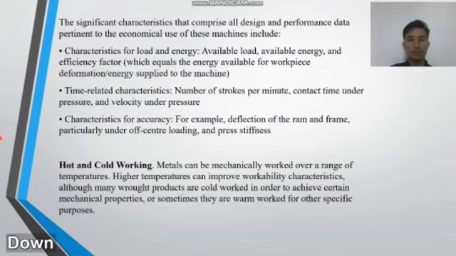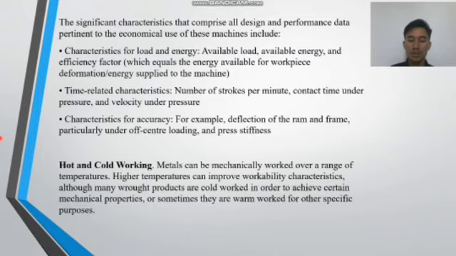Next, the significant characteristics that comprise design and performance data pertaining to the economical use of these machines include characteristics for load and energy: available load, available energy and efficiency factor, which equals the energy available for workpiece deformation over the energy supplied to the machine.